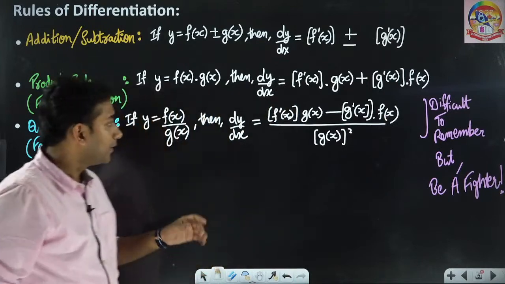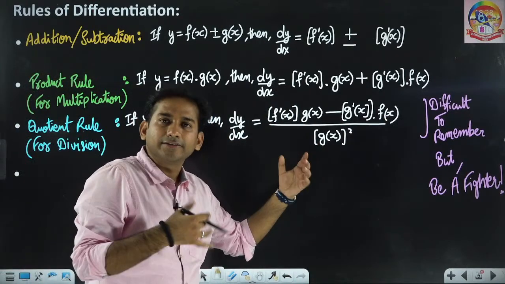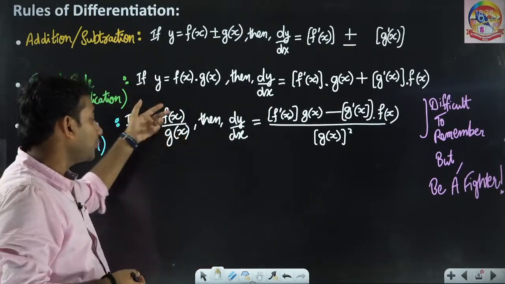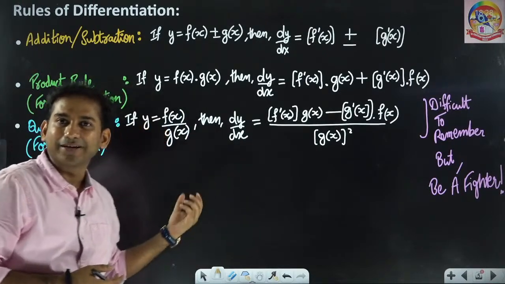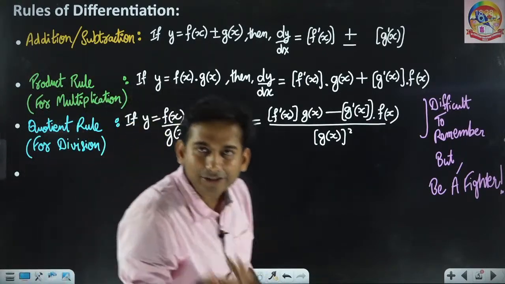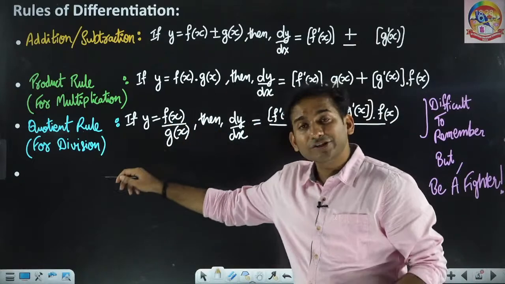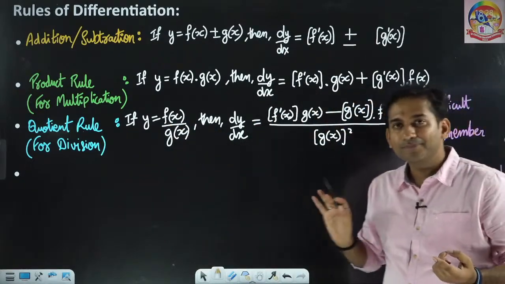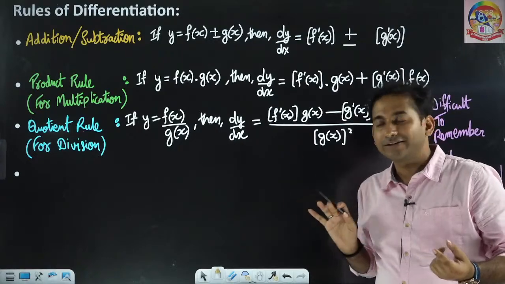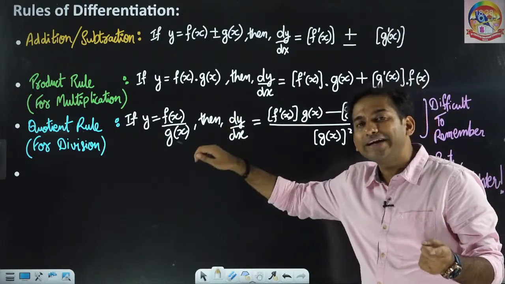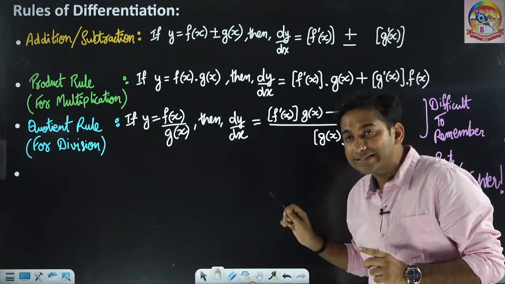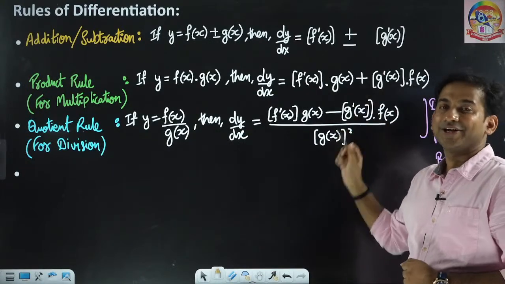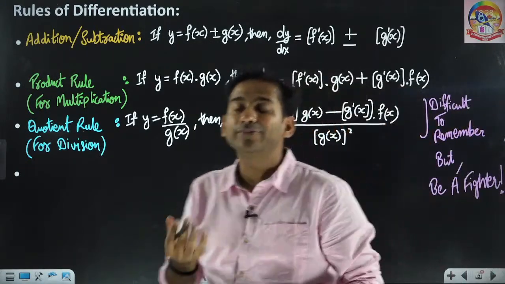I repeat, whenever it is written as numerator by denominator, which means you are talking about a division, that rule is called the quotient rule. You have to square the denominator term in the denominator. In the numerator: numerator's derivative, denominator as it is, minus denominator's derivative, numerator as it is.